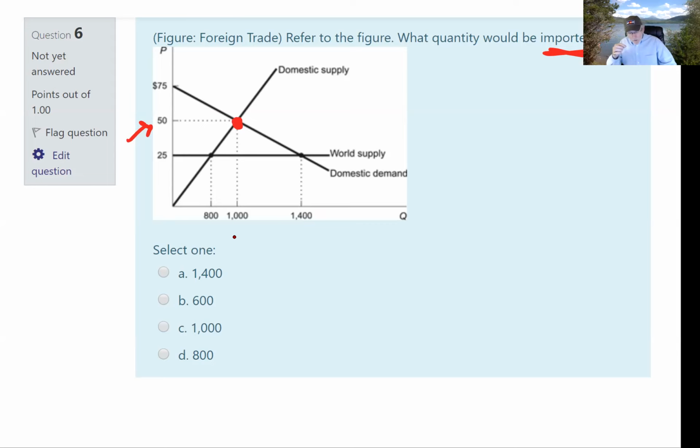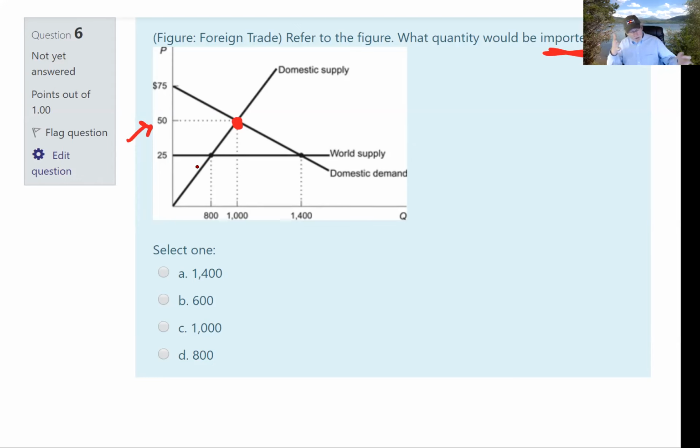But ask, well, now if we do open up our market to trade with other countries, and consumers find that they can buy as much as they want at a price of $25. Okay? Well, what would you do? You're an American consumer. You can buy from American producers at $50 or foreign producers at $25.